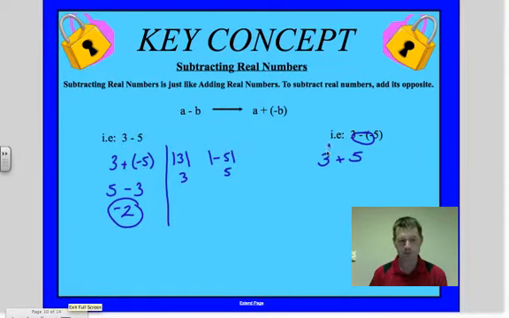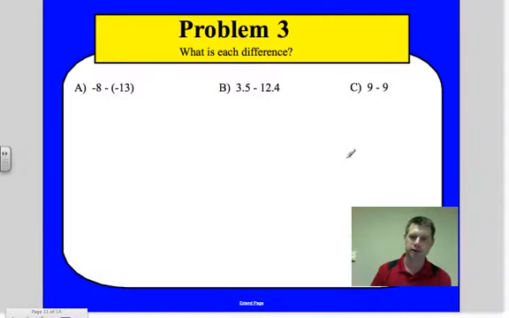So now you're actually adding 3 plus 5, which is just 8. You're same sign, so you just add them together and keep the sign. Okay, this is probably the toughest one, understanding that those two negatives actually just come together to make the plus sign. You can ask some questions in class about that.